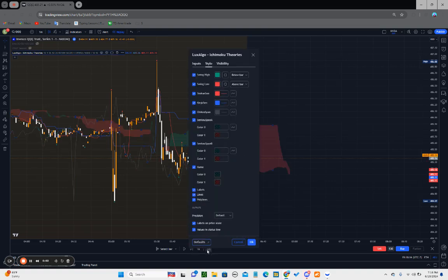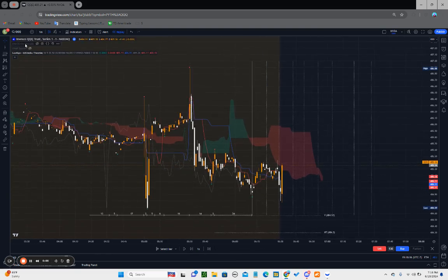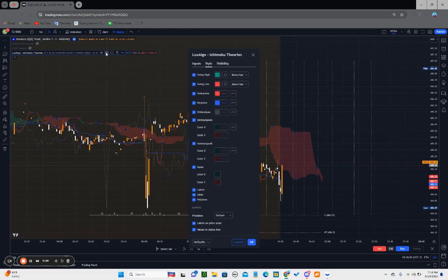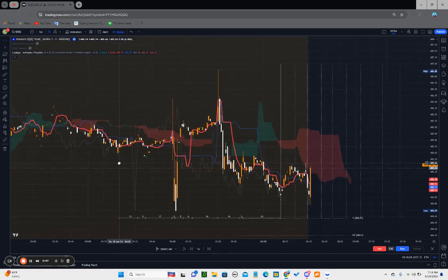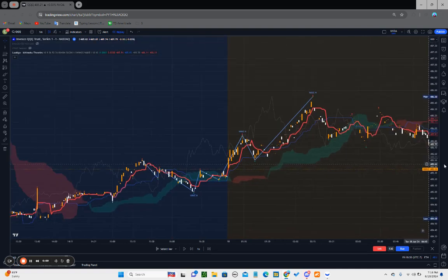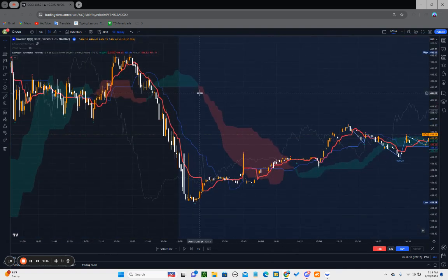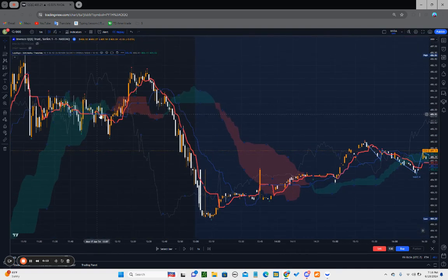So I'll just reset settings to defaults, and then I'm going to highlight each other line. First I'll highlight the conversion line. Let me look at it real quick so I can get an understanding. So yes, that would be the conversion line.